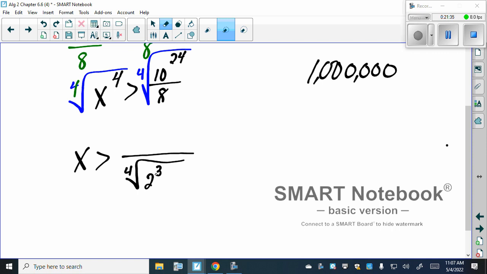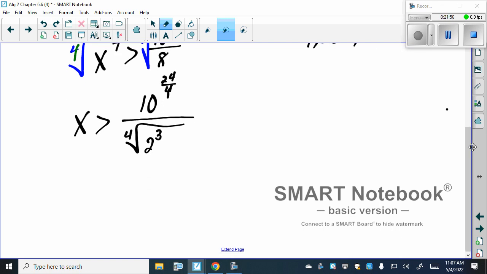Now the numerator, I can rewrite 4th root as a fractional exponent. The reason I'm doing that is because 24 will divide by 4, yes? What is 24 divided by 4? 6.